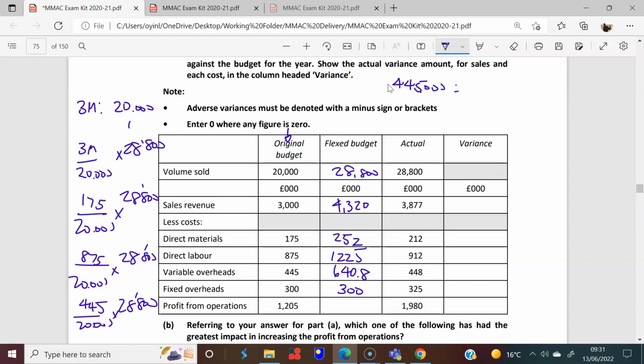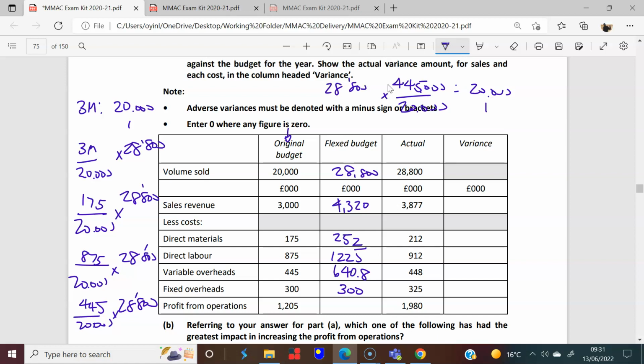445,000 for 20,000 units. Therefore, for 1 unit, I'll divide this by 20,000 and then multiply all of this by 28,800. So 28,800 divided by 20,000 times 445,000 comes out the same, so it must be right.